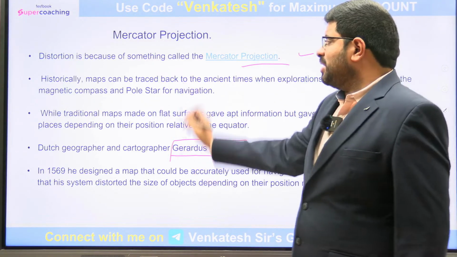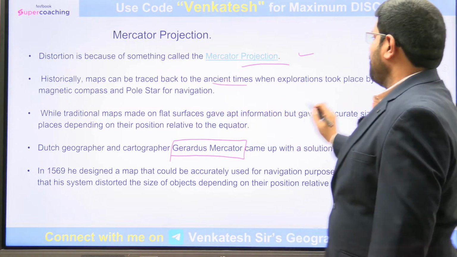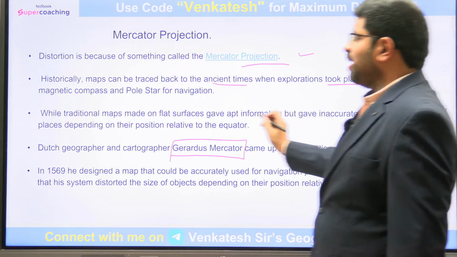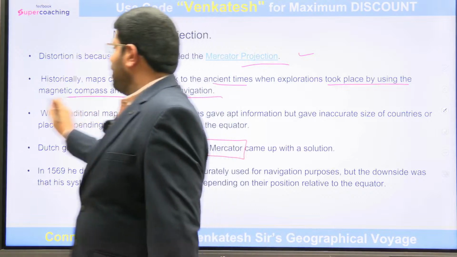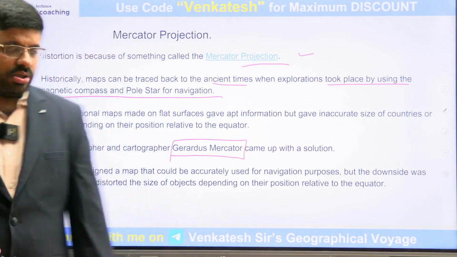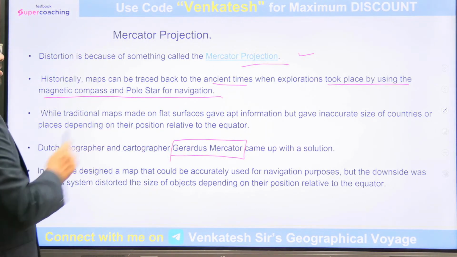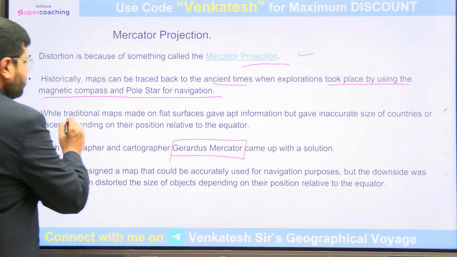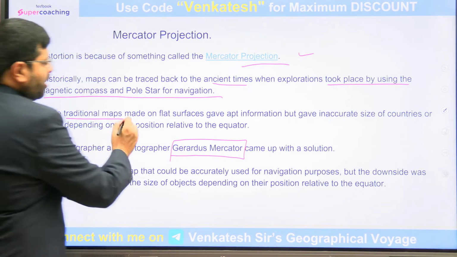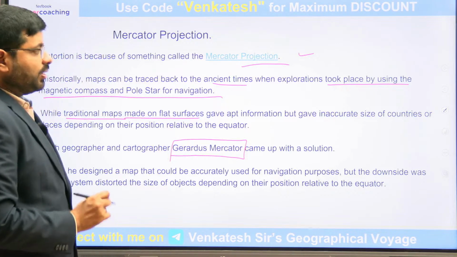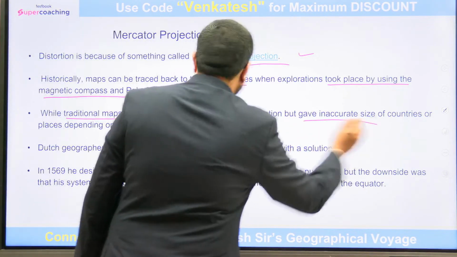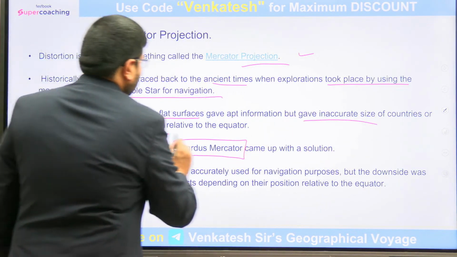These maps can be traced back to ancient times when exploration took place using the magnetic compass and pole star for navigation. When he used the magnetic compass and pole star, and the traditional maps made on flat surfaces, they gave very inaccurate sizes of countries or places depending on their position.